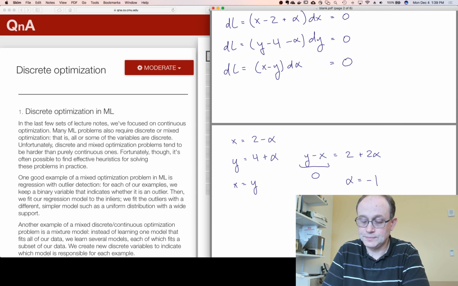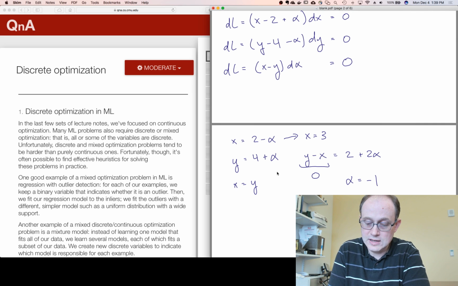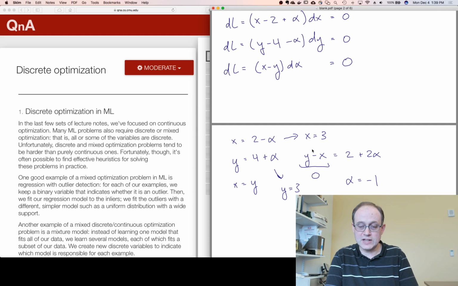So here we've solved for alpha, and now we can plug in alpha equals minus 1. Here this gives us that x is 3, and here this gives us that y is equal to 3. And just as a sanity check, we do satisfy the constraint that x equals y. We figured out this value of the Lagrange multiplier alpha, and that lets us figure out what the optimal values of x and y are.